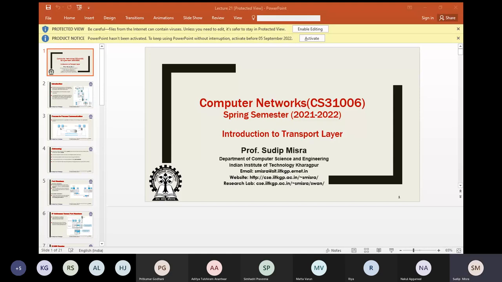Now, in connectionless, the source process, the application program, needs to divide its messages into chunks of data which is acceptable by the transport layer, and then deliver them to the transport layer one by one. The transport layer then treats each chunk as a single unit without any relation between the chunks.